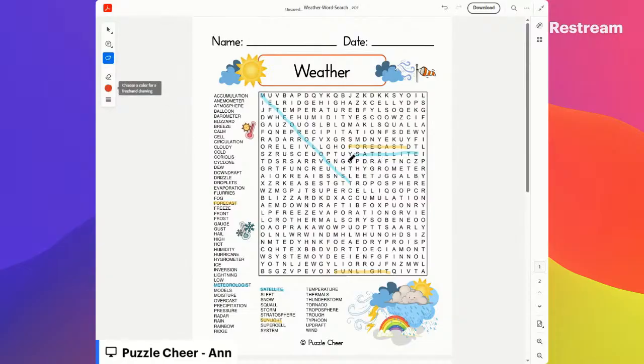So we have updraft, UPDRAFT, right below satellite. And below that, we have hygrometer, HYGROMETER. And it goes all the way over to the far right column.